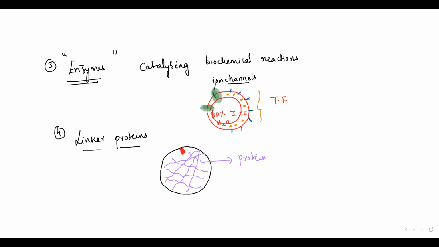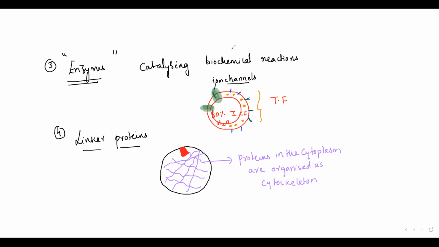So proteins in the cytoplasm are organized as cytoskeleton. Now these linker proteins are very much attached to your cytoskeleton.